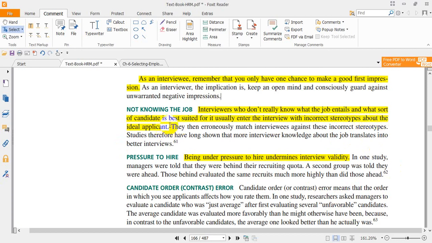This is a big mistake when the interviewer doesn't know what the job entails, what the job description and job specification are, what we need, and what sort of candidate is best.